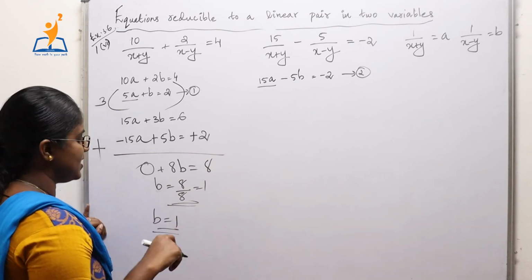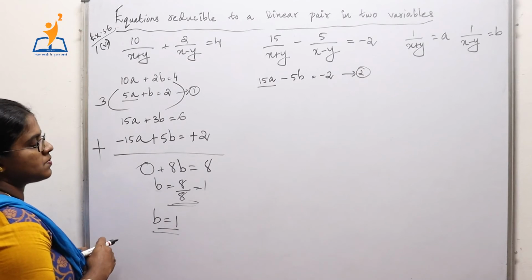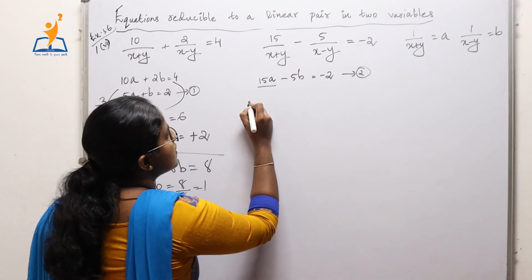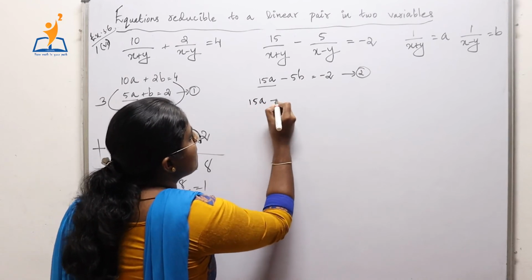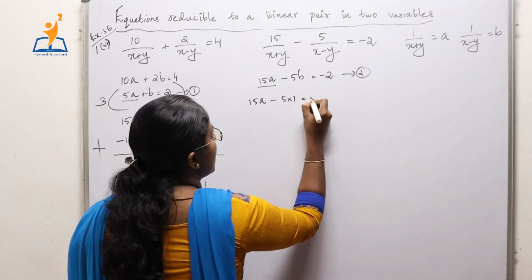Then how will we find the value of a? In order to find the value of a, I am going to substitute b is equal to 1 in equation number 2. So therefore 15a minus 5 into b, that is 5 into 1, is equal to minus 2.